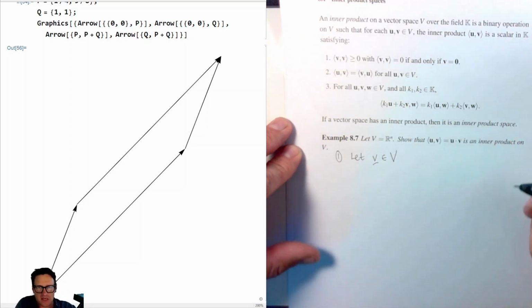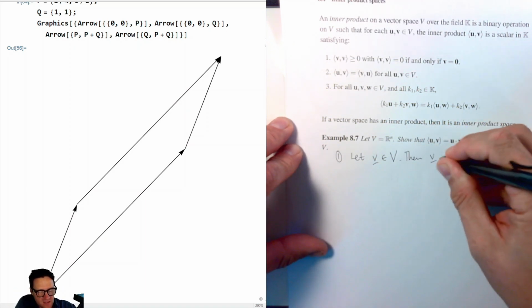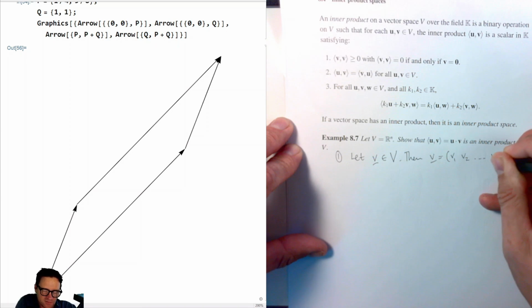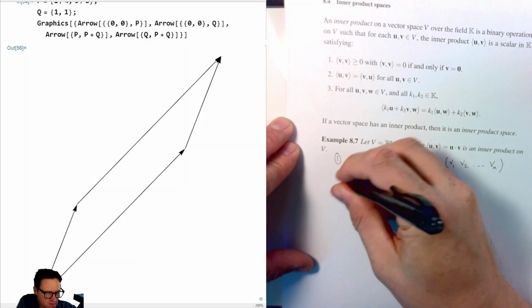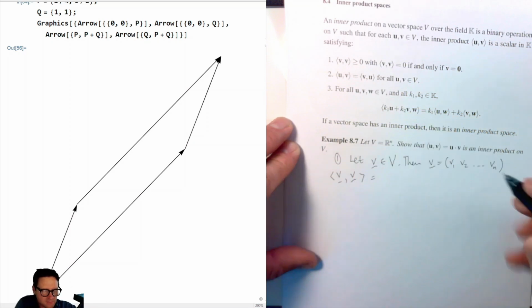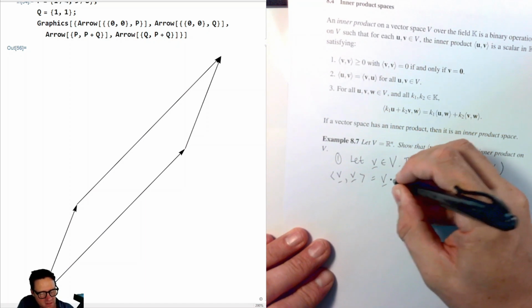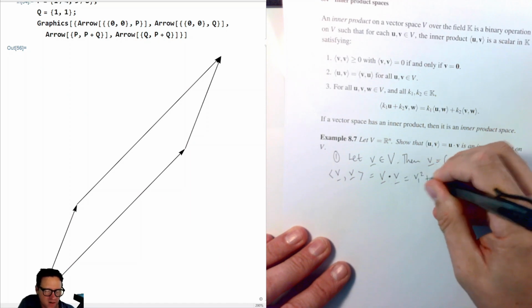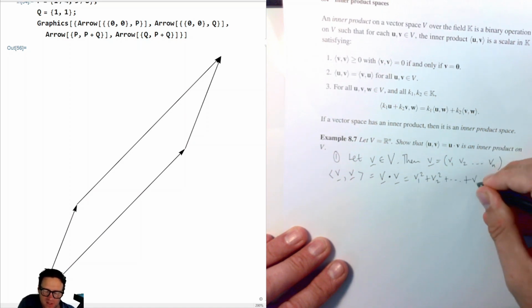So it's n-dimensional, so we can express it in terms of n components. So v equals v1, v2, etc. up to vn. And so the inner product of v with itself, in this case, since it's the dot product, is v dot v, which is v1 squared plus v2 squared, and so on, plus vn squared.